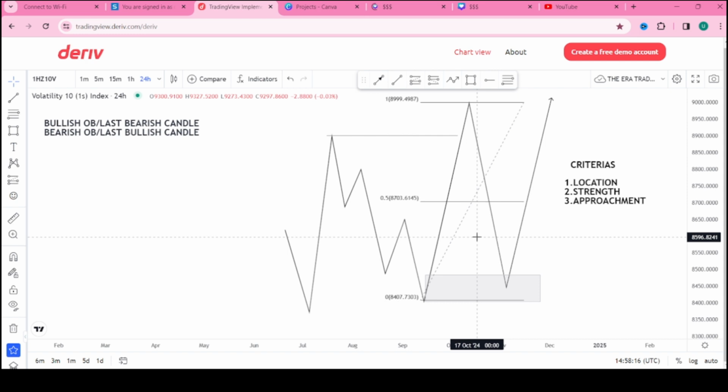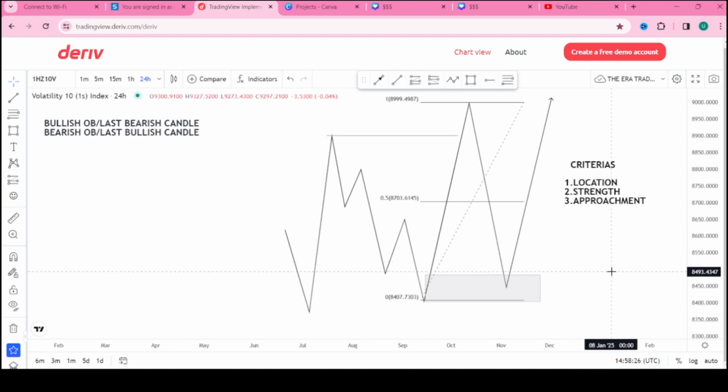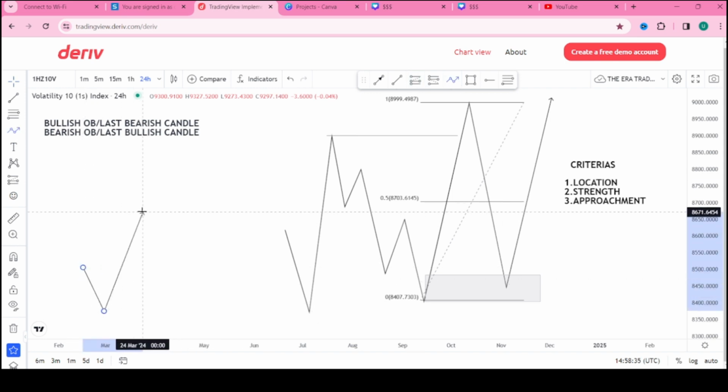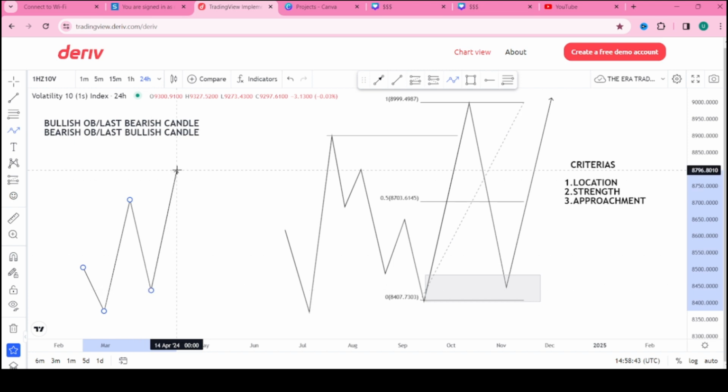In this video I'll be showing you how to choose the right order block to use in trading. So basically, an order block is the last opposite candle before a push up or down. That means before a buy move, the last opposite candle, which is the last sell candle before the push up, is your order block.